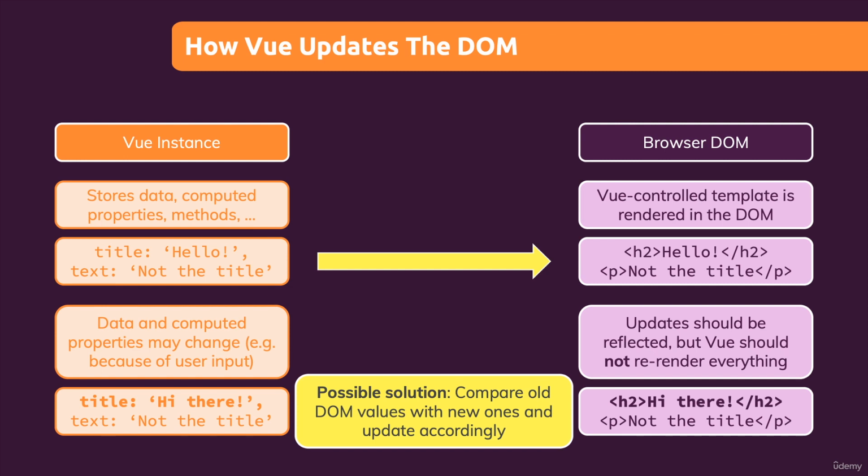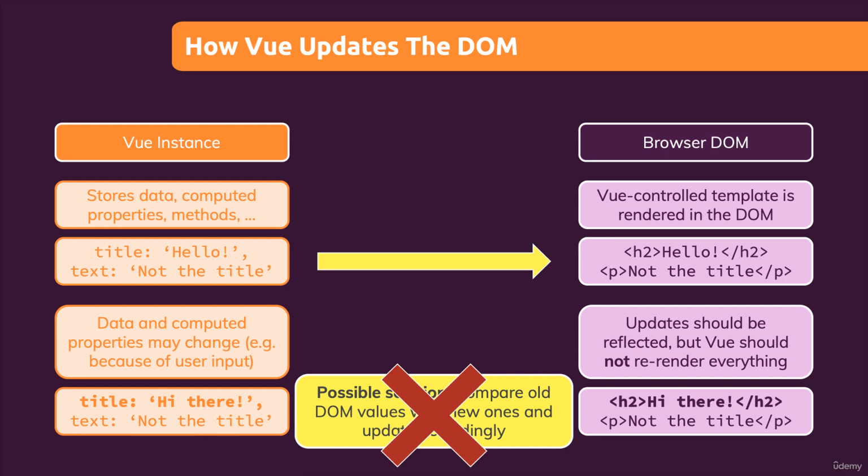Well, it could do that, and at least it would not update the entire screen then, but actually it's not what it does, because reading the entire real DOM, which is rendered by the browser, all the time whenever something changes is also pretty performance intensive. Maybe not as bad as re-rendering the entire page all the time, but definitely not great.